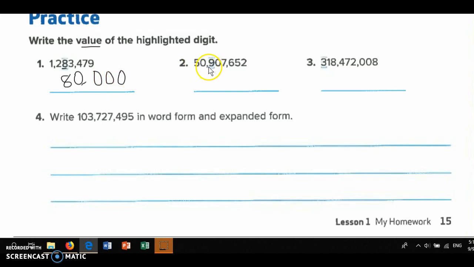You try this one and the 3. Write 103,727,495 in word form first and then expanded form. Try your best and then we will have a look at it tomorrow in class. Enjoy.